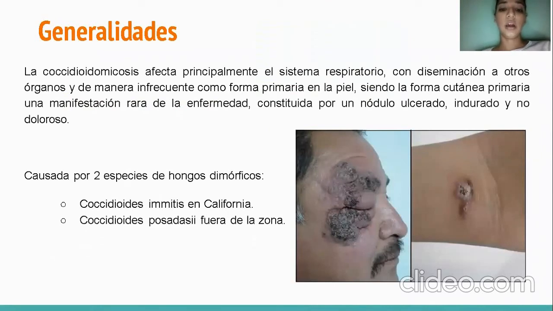It mainly affects the respiratory system, spreading to other organs, and infrequently occurs as a primary infection on the skin, caused by Coccidioides immitis and Coccidioides posadasii.